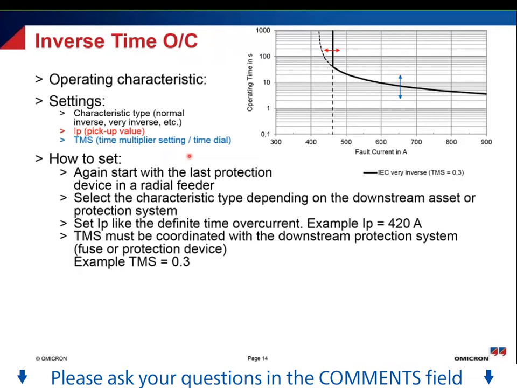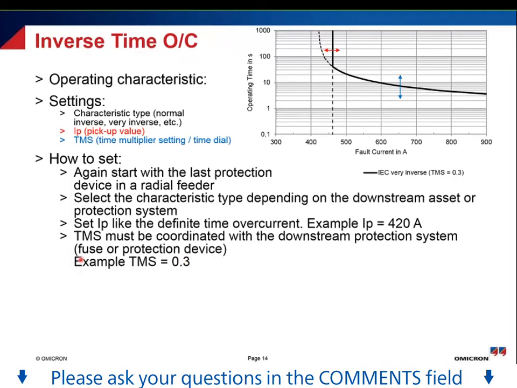If we have the same setup as before, then we can once again go with a pickup value of 420 amps. Afterwards, the time multiplier setting must be defined, and this must once again be coordinated with the downstream protection system.